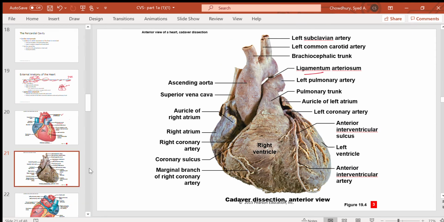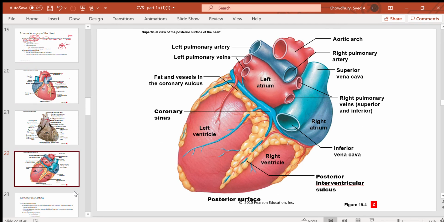Here you see, this is the pulmonary trunk, and this is the aorta, ligamentum arteriosum. In fetal life, just remember, it remains open like an artery, and then it gets closed and stays as a fibrous tissue structure, no function.